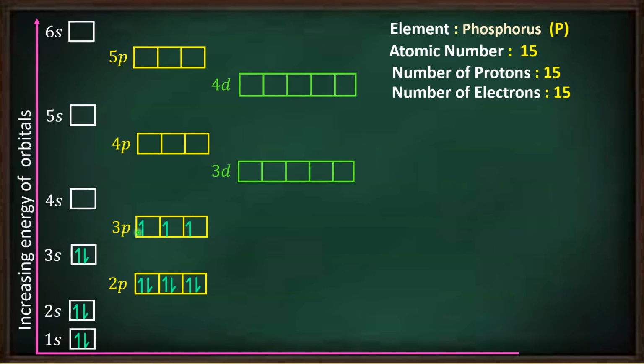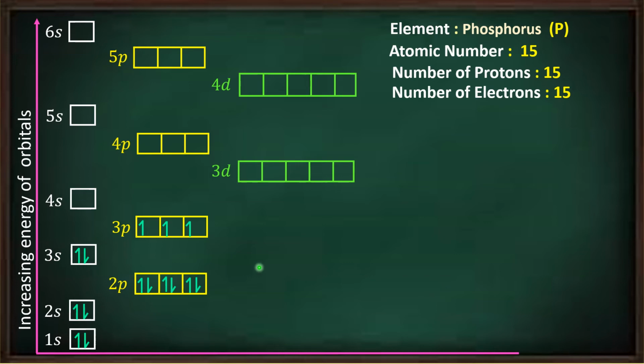That is, all these 3p empty orbitals have been singly filled, and I have shown all the half arrows pointing upwards. It means that all these singly occupied orbitals, that is these electrons, have the same spin.